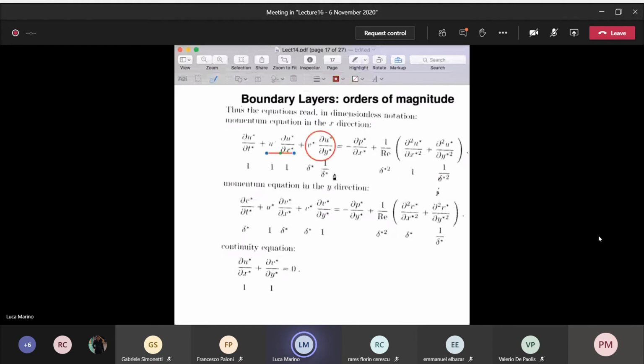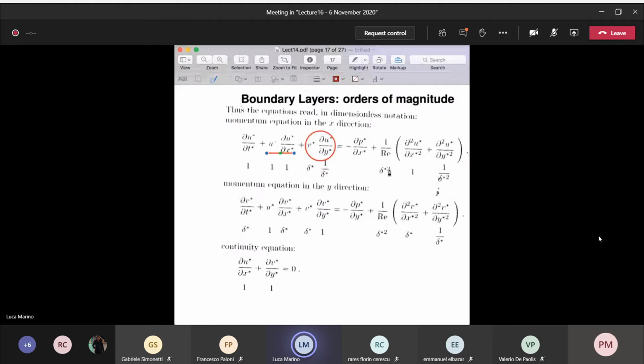On the right, the derivative of P with respect to X is of order 1, like all these other terms. What is going to happen is that 1 over Reynolds is of order delta squared. We know that delta is proportional to 1 over the square root of Reynolds, so the square of delta is proportional to 1 over Reynolds.